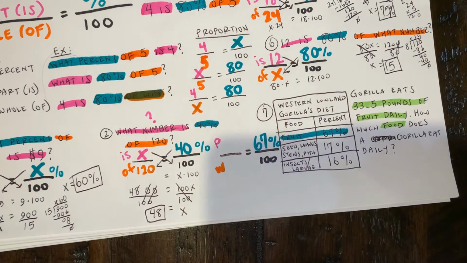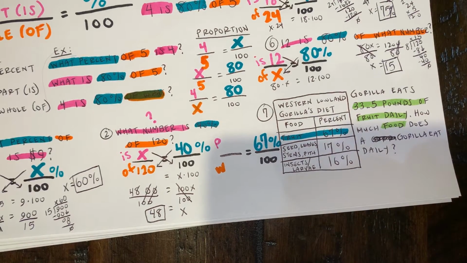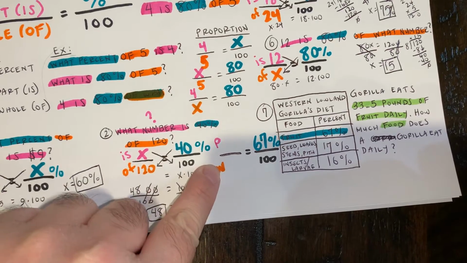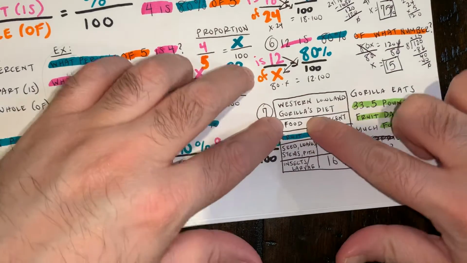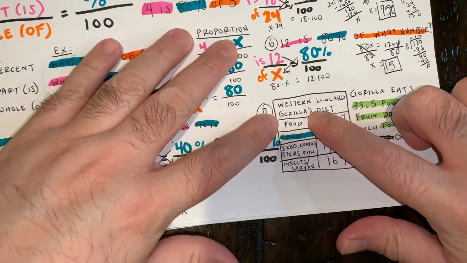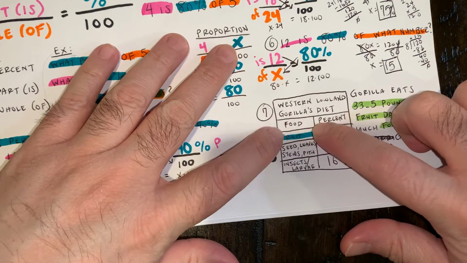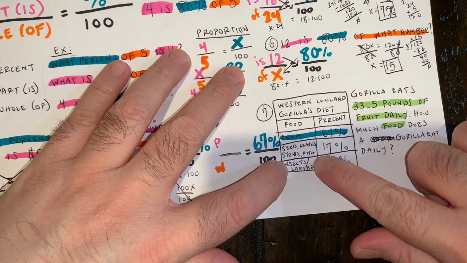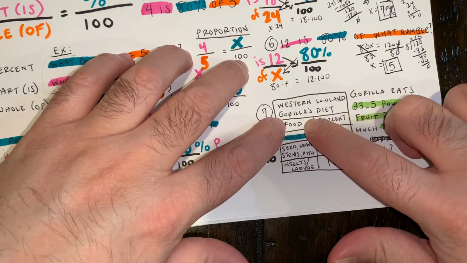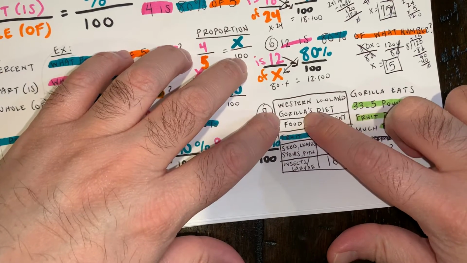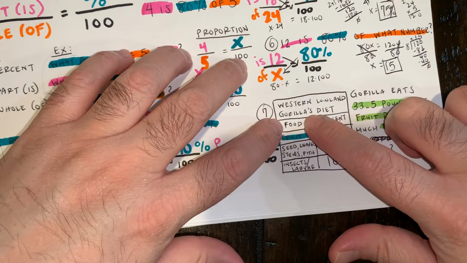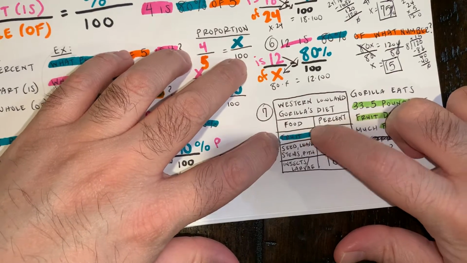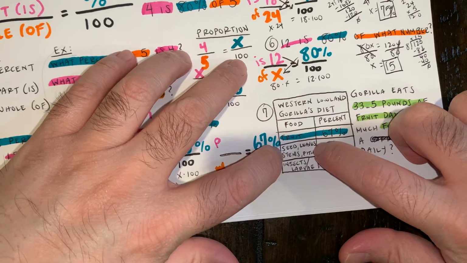Now what we need to figure out is what is the part and what is the whole. The food is split into fruits, seeds, leaves, stems, pith, insects, and larvae. I'm going to say that again. All the food that the gorilla eats is fruits, seeds, leaves, stems, pith, insects, larvae.